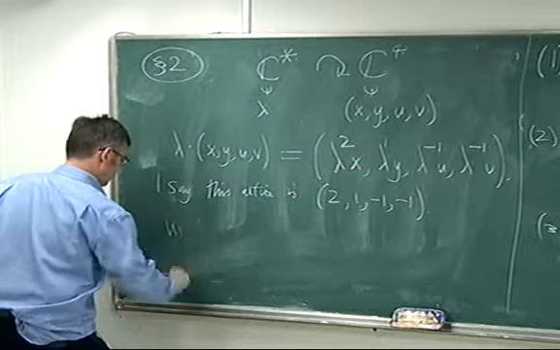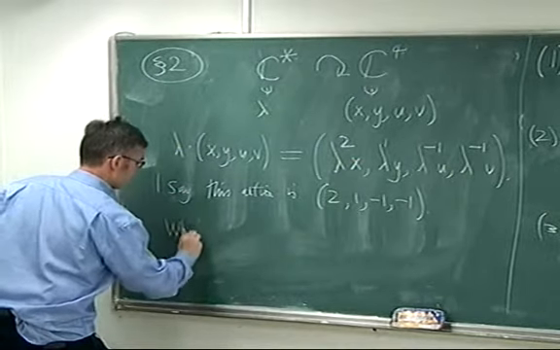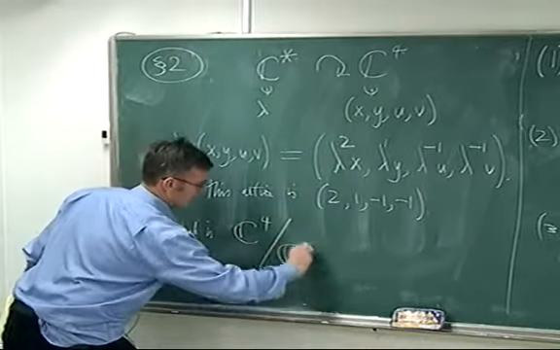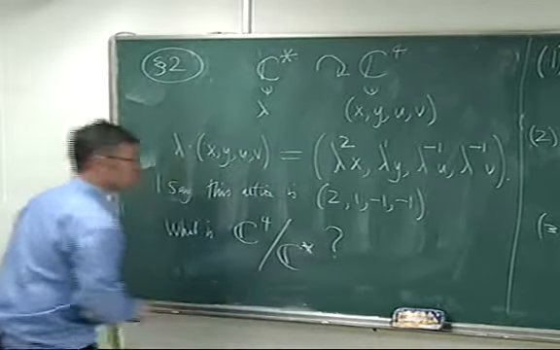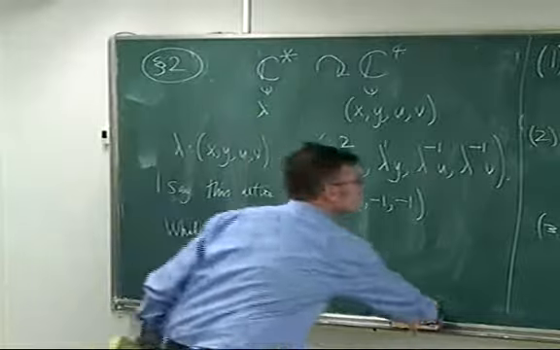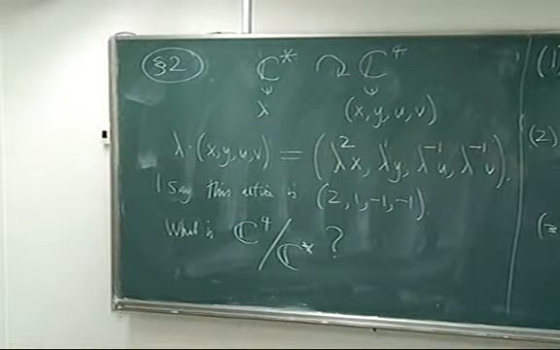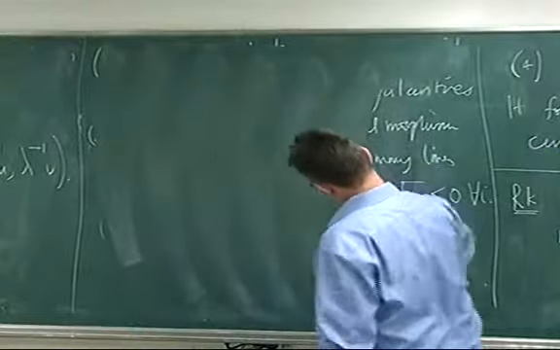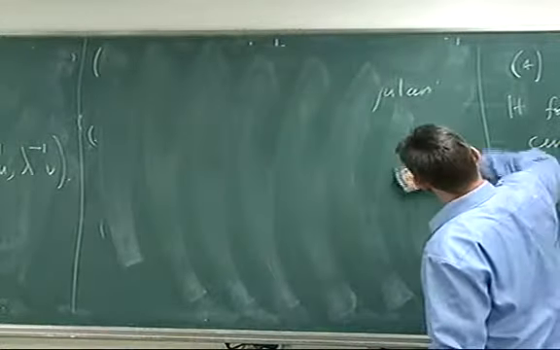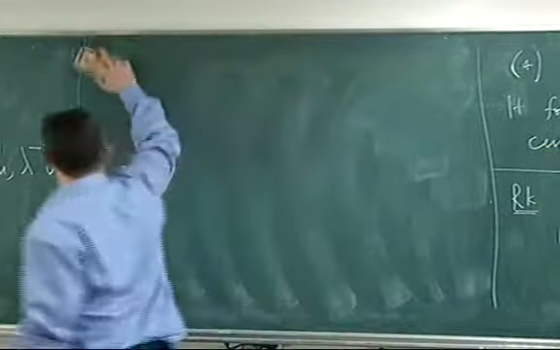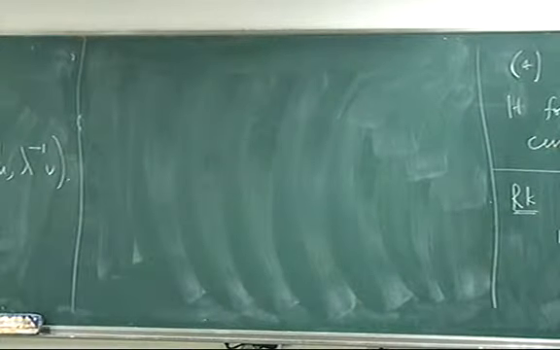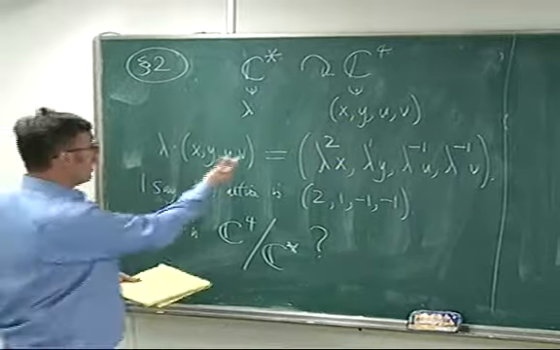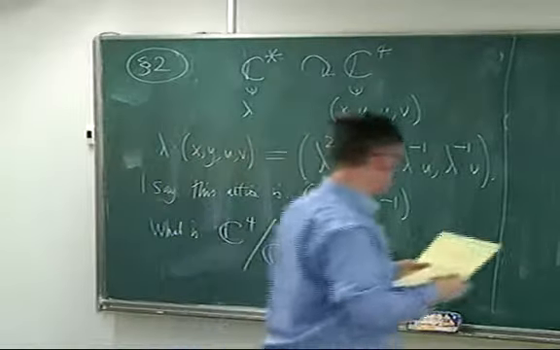So what is C4 divided by this action? So C4 is affine, and so you think the reasonable thing to do is to write down the invariant functions in x, y, u, and v, and that's fine.